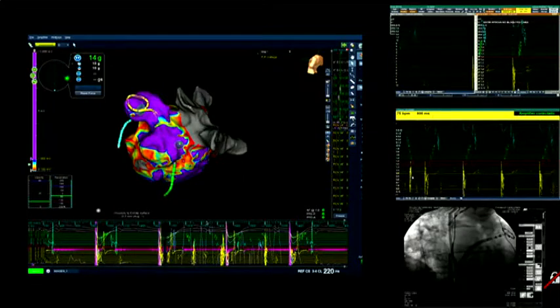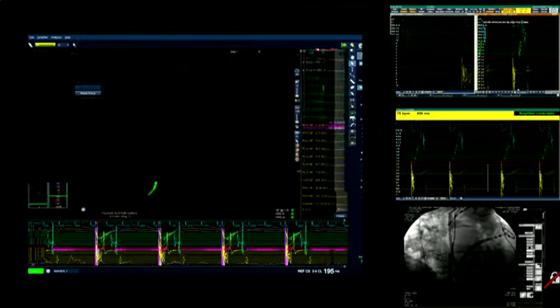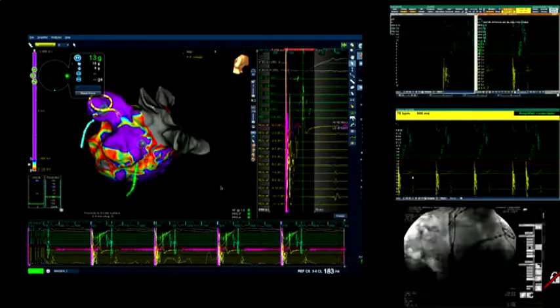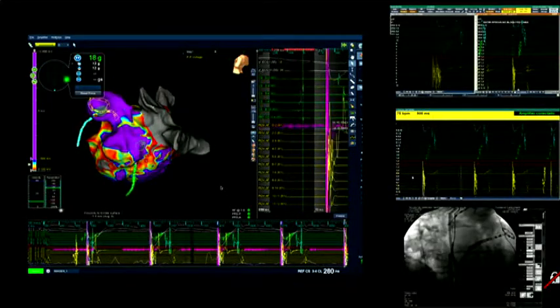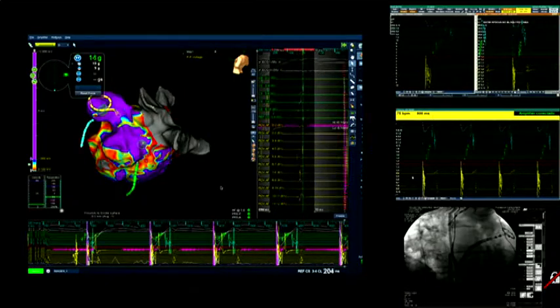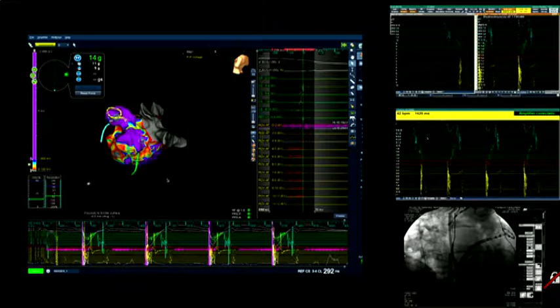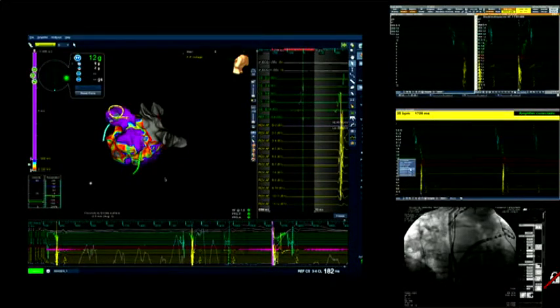You can see there that we are capturing in the lasso the CS is distal to proximal, and this makes us think that the line is not blocked, and it paces from the distal CS.